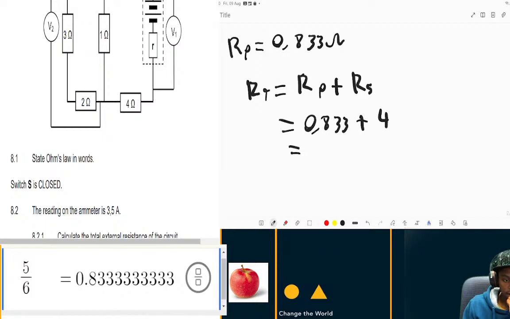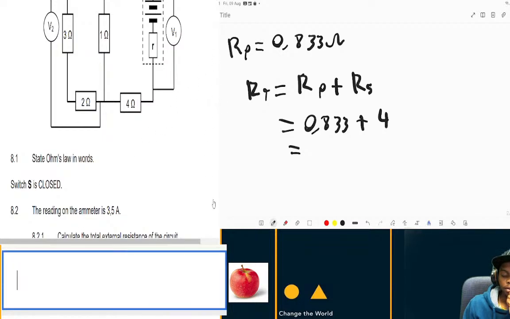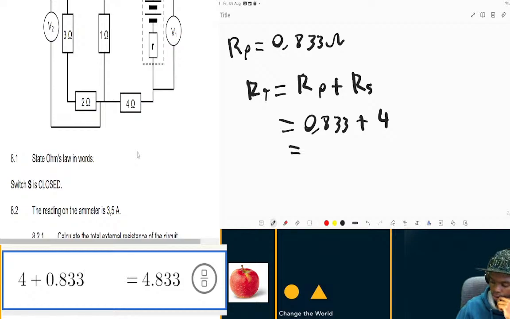If you put that in a calculator, 4 plus 0.833, we'll get 4.83 ohms to 2 decimal places. So this will be our final answer. This will be our final answer for this question.